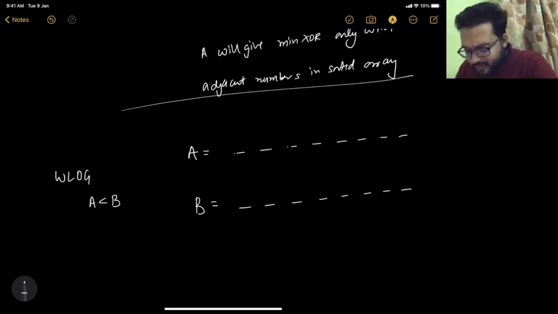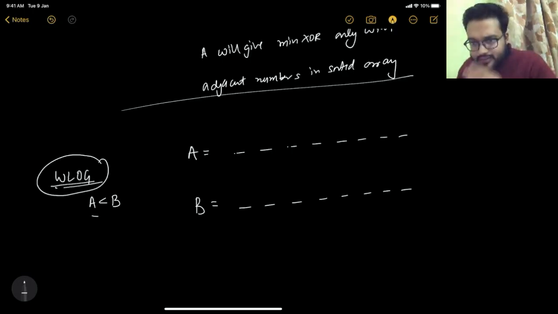Now, do you appreciate, for a lot of bits, the value in A and B will be the same because they are together. For a lot of the most significant bits, the values in A and B will be the same. And there will be one bit where the value switches for the first time. How many of you appreciate this? For a long time the values will be the same because they are adjacent, but there will be one bit where the value changes.